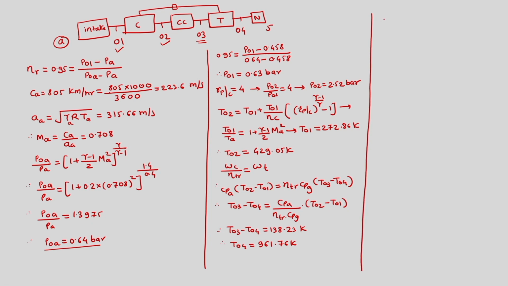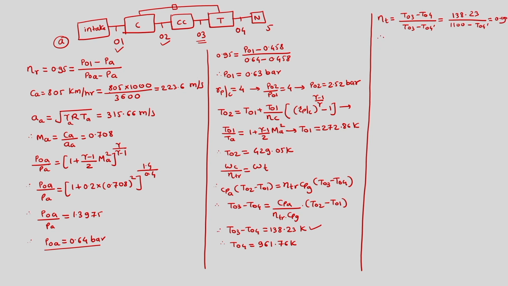Now, what we do not know at this moment is the turbine pressure ratio. We can find turbine pressure ratio from the turbine efficiency formula, where turbine efficiency is T03 minus T04 divided by T03 minus T04 dash. Here T03 minus T04 is evaluated as 138.23, divided by T03, which is 1100, minus T04 dash, and this efficiency is given to us as 0.9.